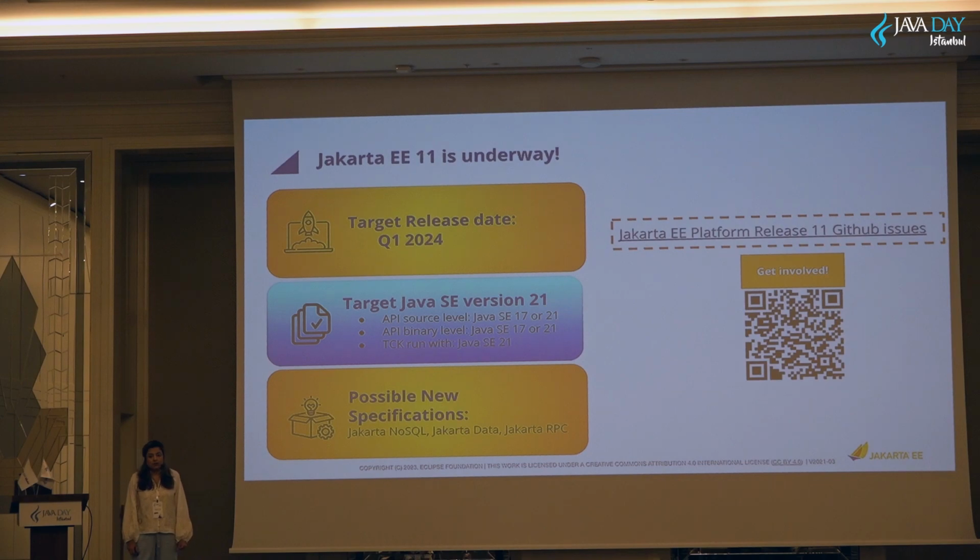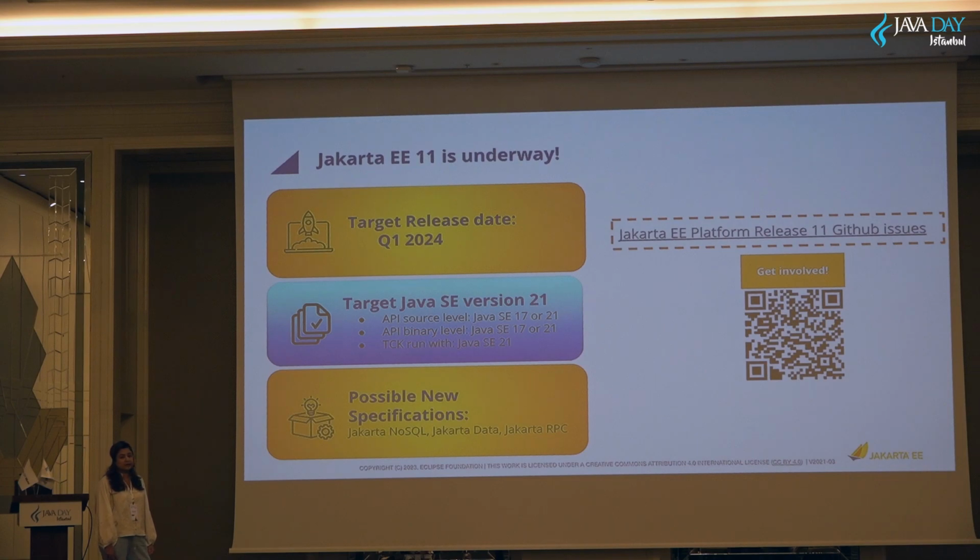So the work on Jakarta EE 11 has started, as I mentioned. There was a document where community members were invited to voice their opinions and tell us what they're looking for in terms of new features for Jakarta EE 11. But right now, there are discussions in the issues. You can scan the QR code there, join the conversation, and let us know what you're looking for in EE 11.